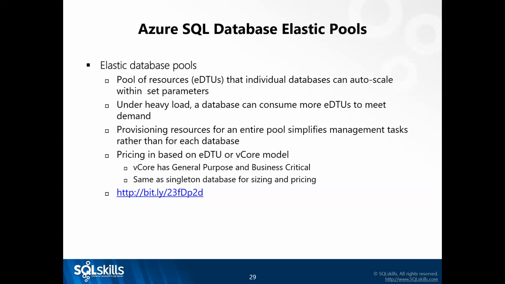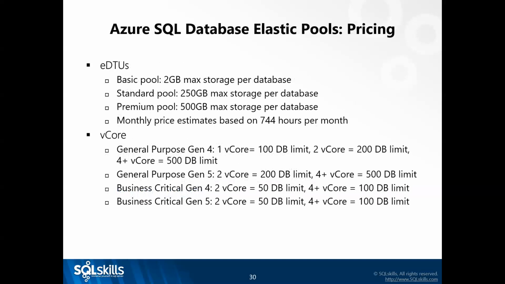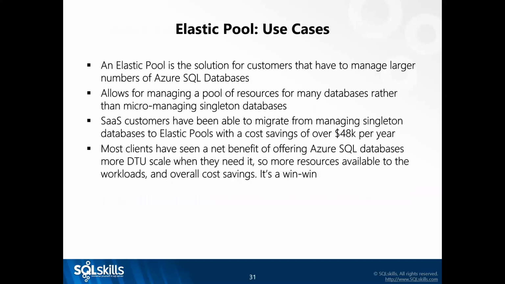And the elastic pool has requirements around it based upon the pool size. So basic pool, 2 gig max storage per database, standard and premium have limits. And then in the vCore model, there's a limit on the number of databases per pool. There's no limit as to the number of pools. So as long as you can operate within those guidelines, you no longer have to worry about micromanaging the individual databases.